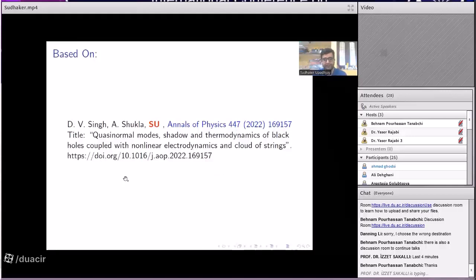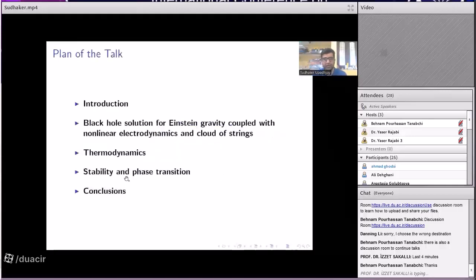Okay. So my talk is organized as follows. First we will discuss the gravity model we have considered, and then the solution of the Einstein field equation for Einstein gravity coupled with nonlinear electrodynamics and the cloud of strings.